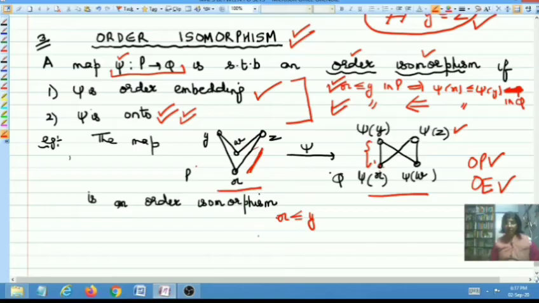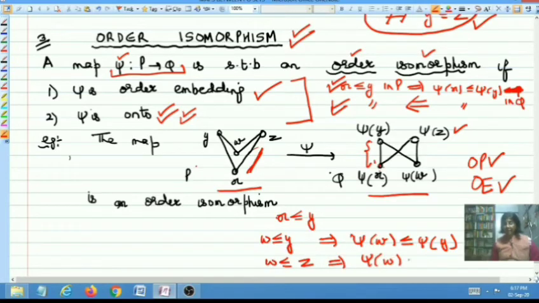And W is related to Y implies that psi W is related to psi Y, and W is related to Z also implies that psi W is related to psi Z. So all the implications are being satisfied. So here not only this way are implications being satisfied.